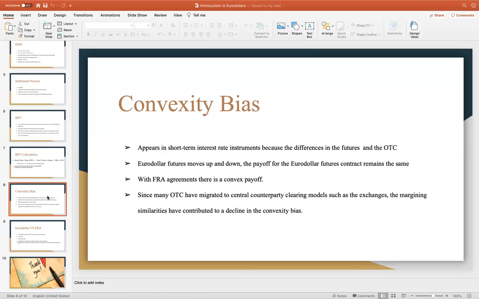But for FRA agreements, there's a convex payoff. And since many over-the-counter trades have migrated to central counterparty clearing models such as exchanges, the margining similarities have contributed to a decline in the convexity bias.